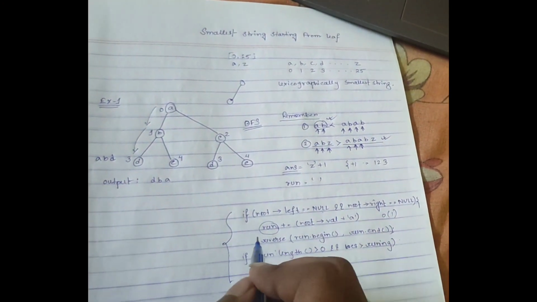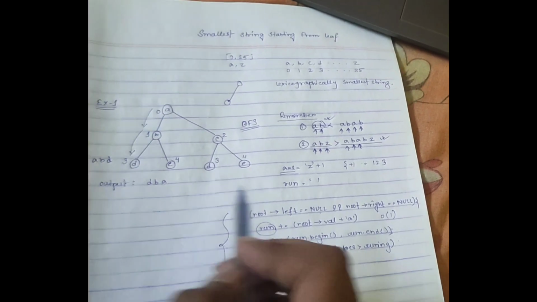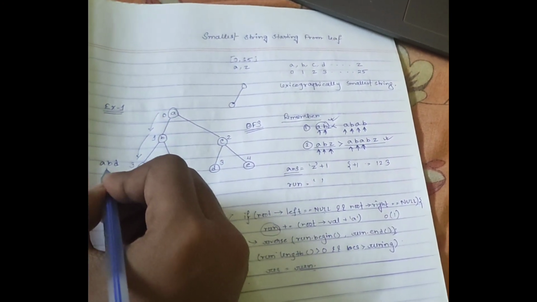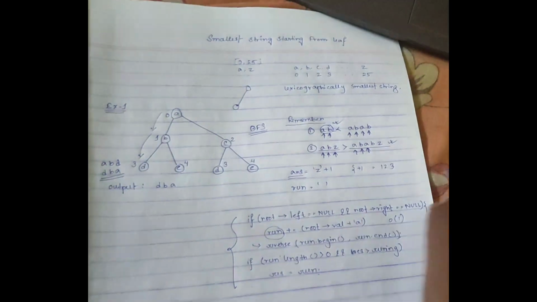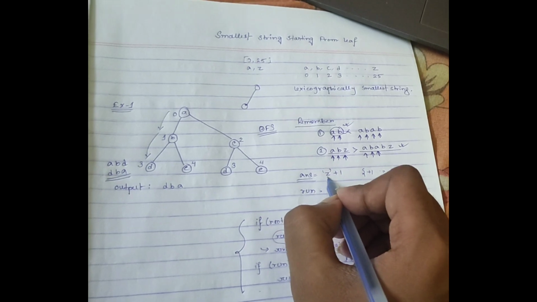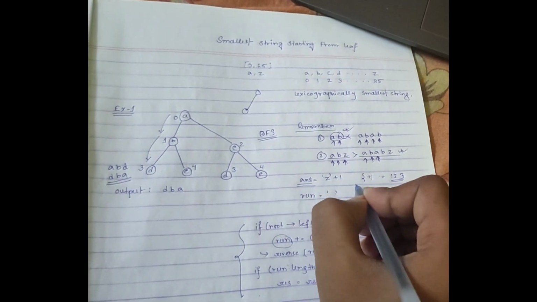We just push it and then we reverse it. So ABD is basically DBA. DBA, and in answer the maximum value is 123, Z plus 1. So DBA is the minimum, so we initialize it.